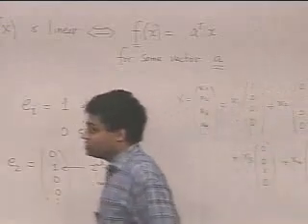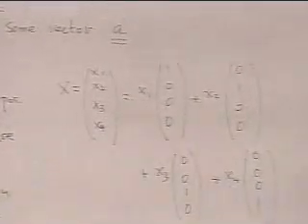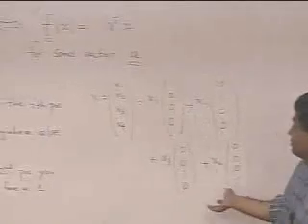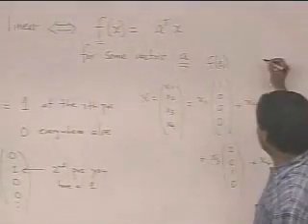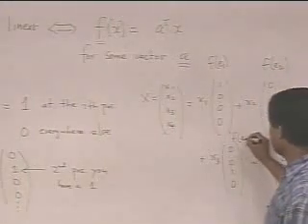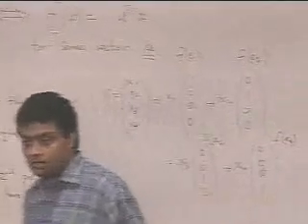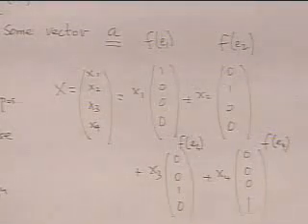That's all that summation is saying. You can spread it out by using these vectors ei. Then the next part simply says, if it is this weighted combination, then evaluate the function here. That becomes f of E1, f of E2, f of E3, and f of E4.